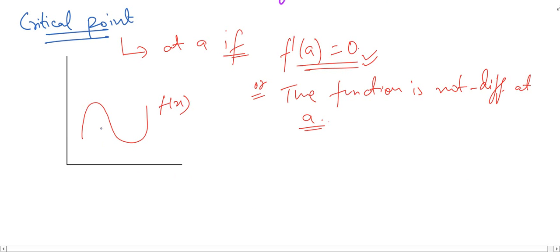Let us try to analyze this graph, and in this graph we can say that yes, these 2 points are critical points. But how do we know that?